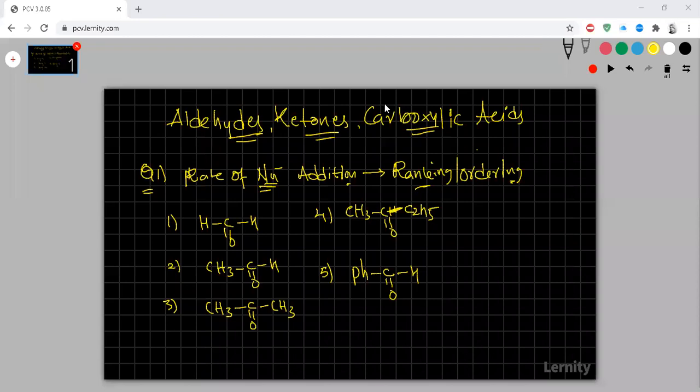So what about the other students? Very good. Only two students responded. 1, 2, 3, 4, 5. Because crowding is inversely proportional to the nucleophilic addition. Very good. Only two students answered this question.